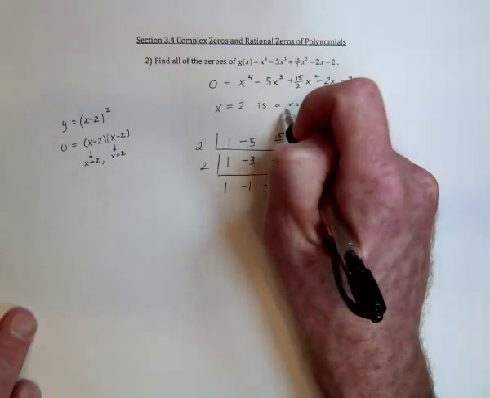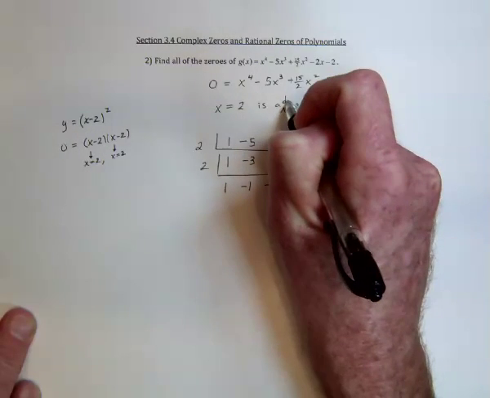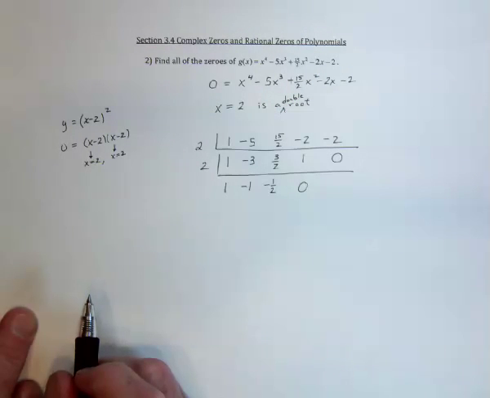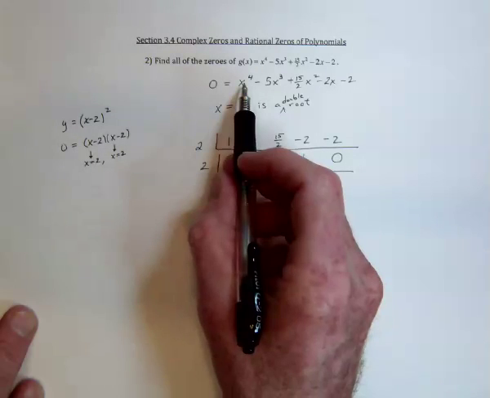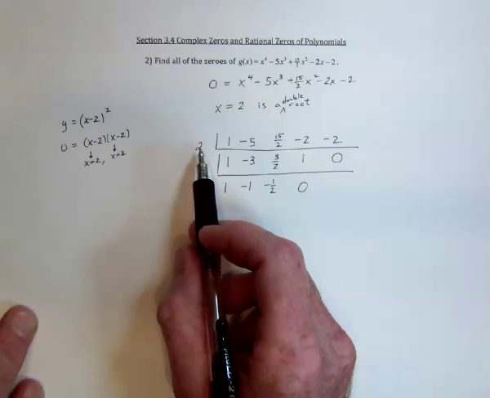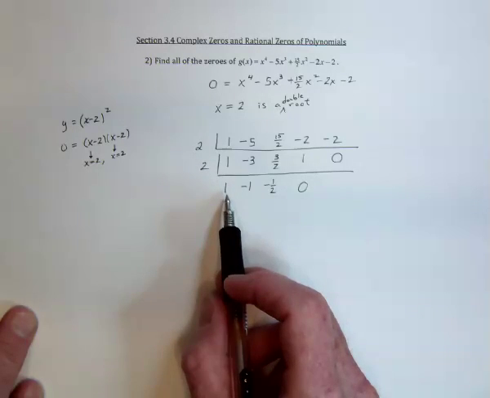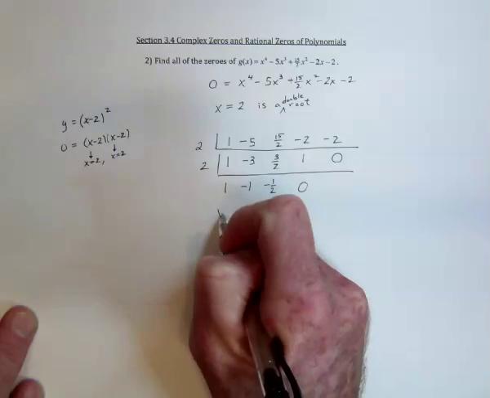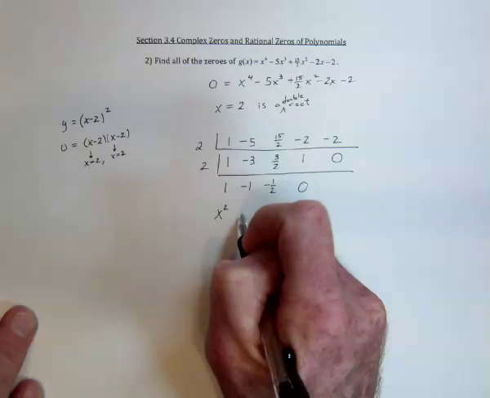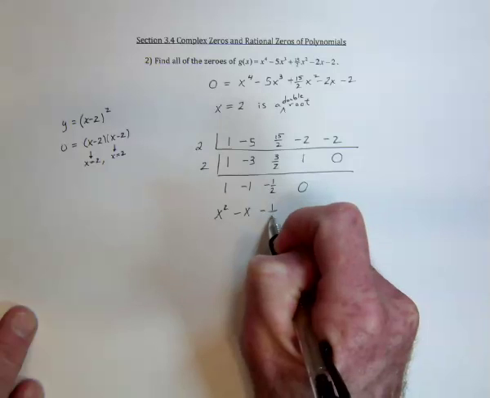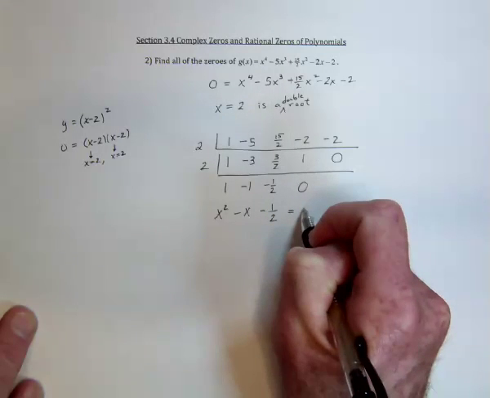So we've got that x equals 2 is actually a double root. It shows up twice. So we started with x to the 4th, we divided out one of the x's, we divide out another one, so we're now down to x squared. So that means the resulting polynomial is x squared minus x minus 1/2 is equal to 0.